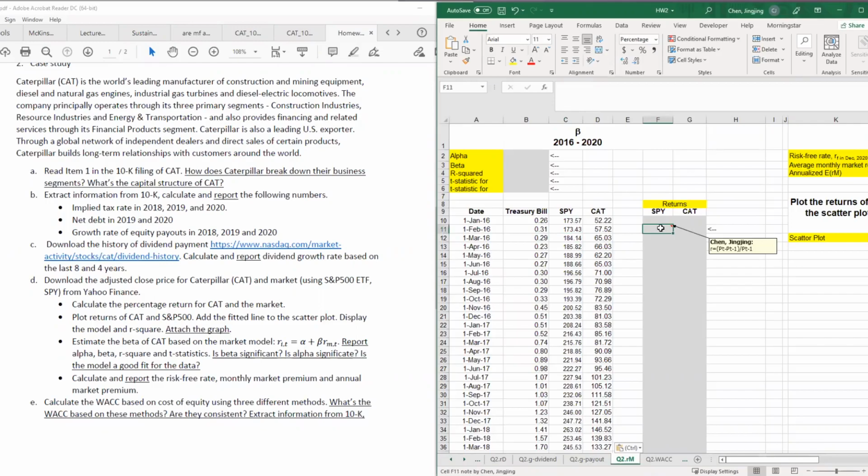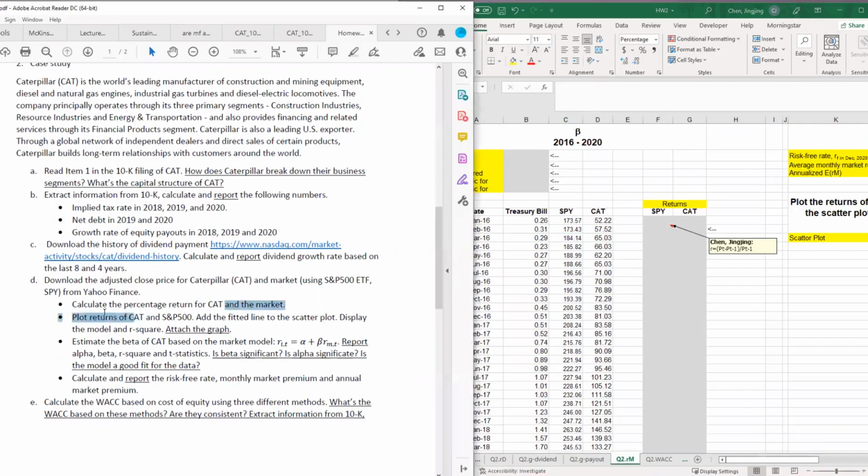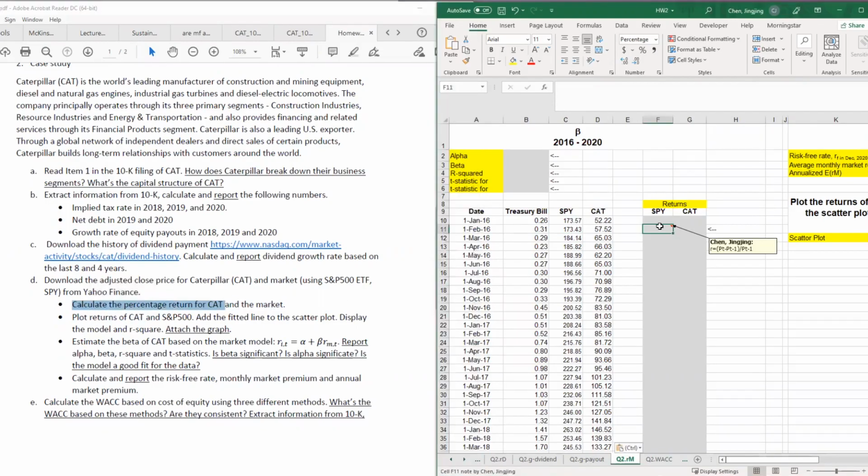So here, let's just go ahead and start calculating the first question, the percentage return. I'm calculating percentage return using this year's price divided by last year's price minus 1.